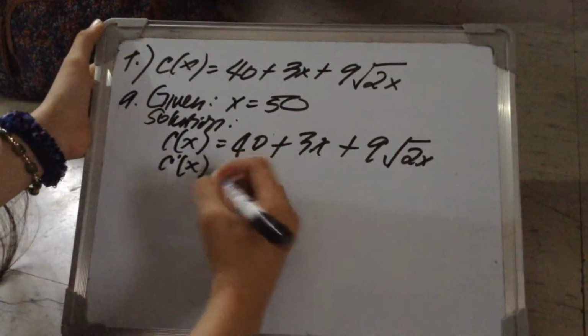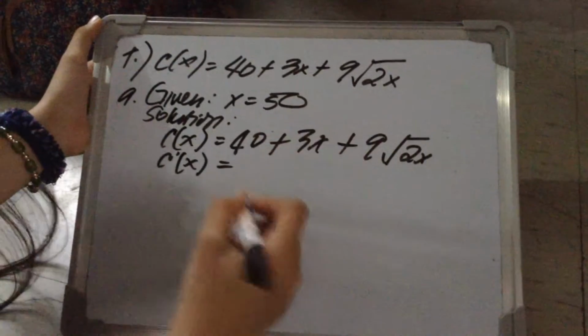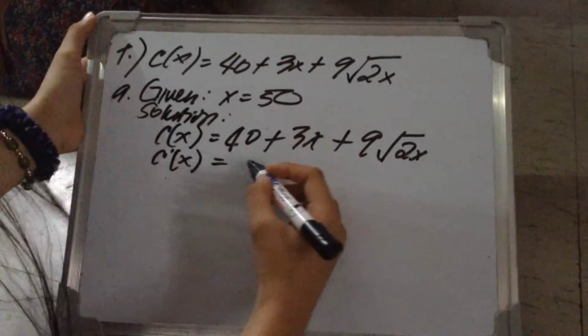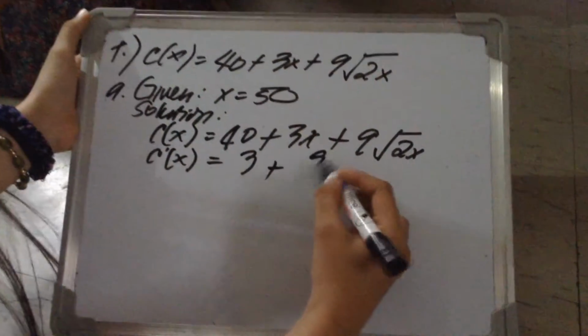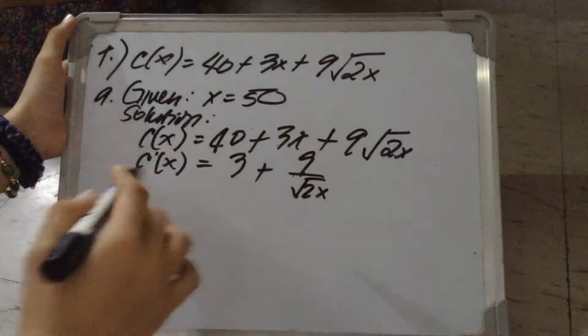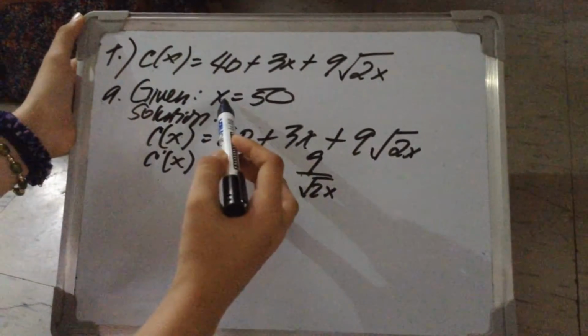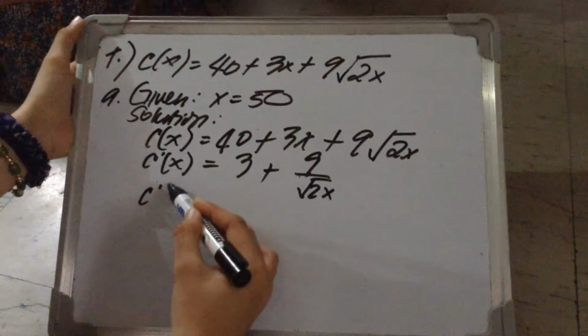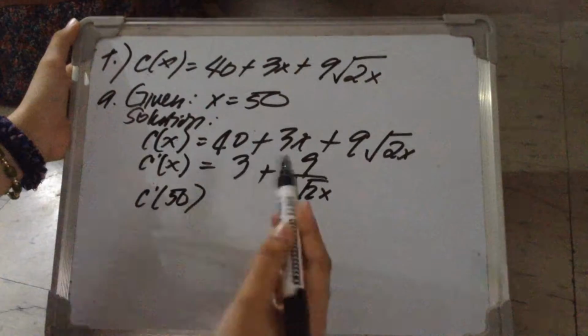Now, continuing where we left off, we already solved for the first derivative, which is 3 plus 9 over the square root of 2x. Since the given is x equals 50, we have to substitute it into the first derivative of the equation.